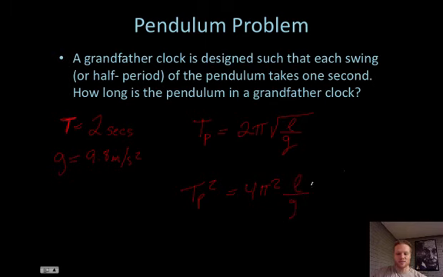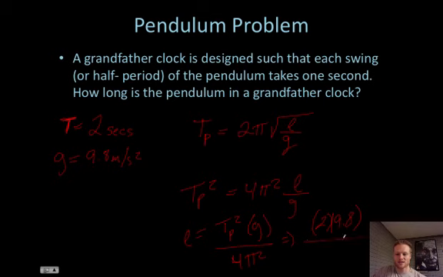And if we do our algebra, we have L equals T_P squared times g over 4 pi squared, and that will give you L. So our T is 2, our g is 9.8, so I can write this out here: 2 squared, I'm not going to put units just because I'm running out of space here, times 9.8 divided by 4 pi squared.